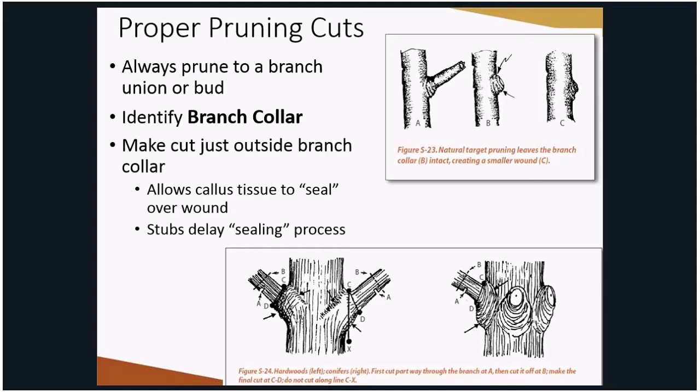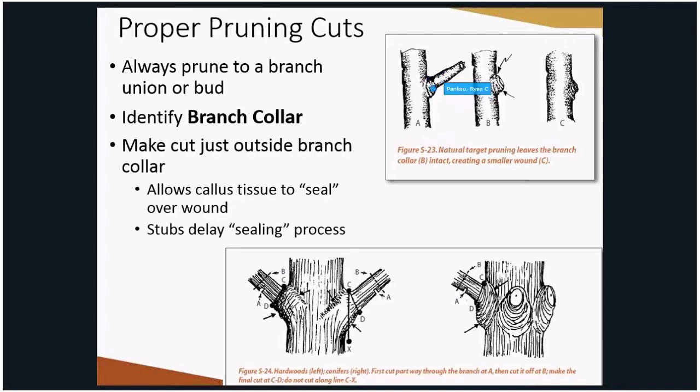So as the trunk grows and the limb grows, those fibers interlock right there, and different trees have different characteristics of how well or how poorly those fibers interlock. But the point is, there's this area of interlocking fibers that the last thing we would want to do is prune this off.